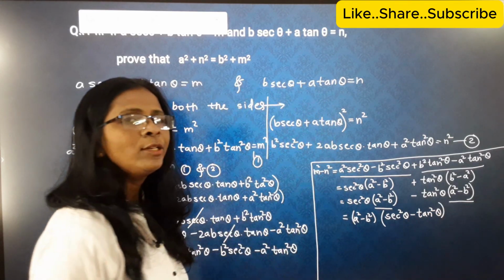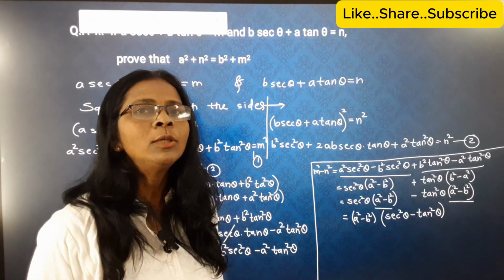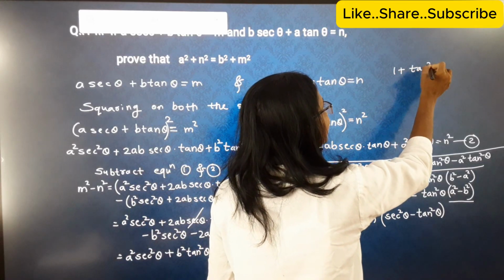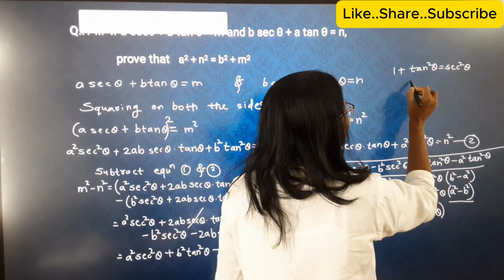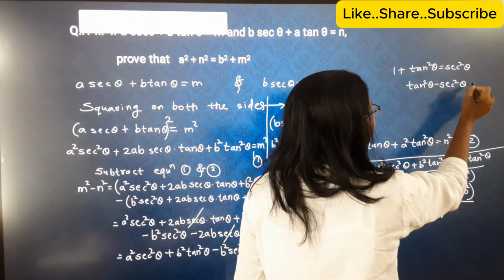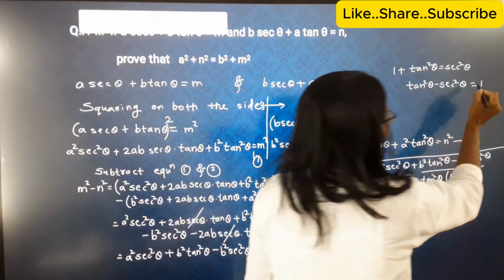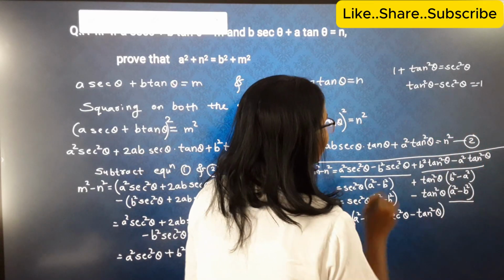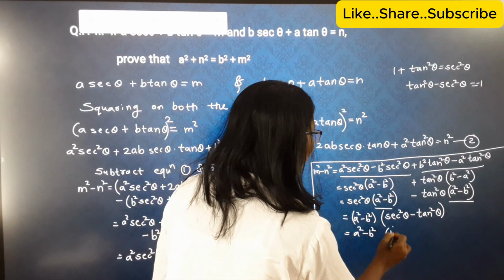Now we know the third identity, students: 1 plus tan square theta is equal to sec square theta, which means tan square theta minus sec square theta is equal to minus 1. So sec square theta minus tan square theta will be 1. So a square minus b square, and the answer is 1.